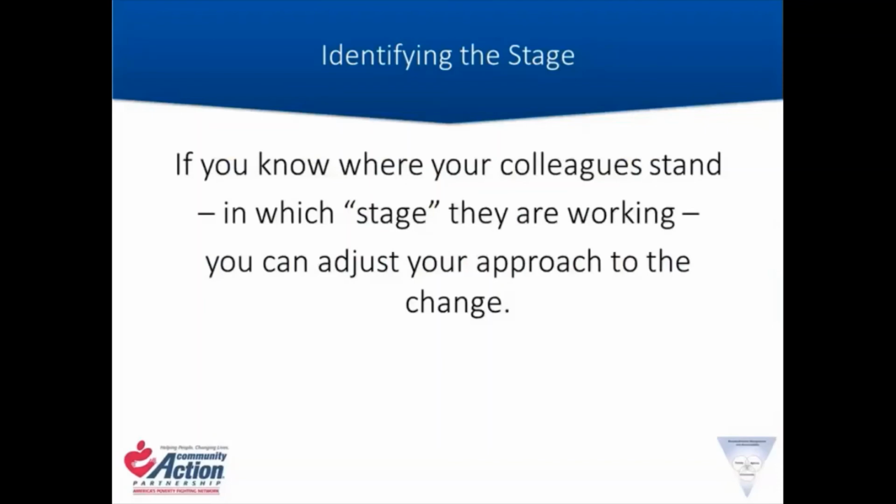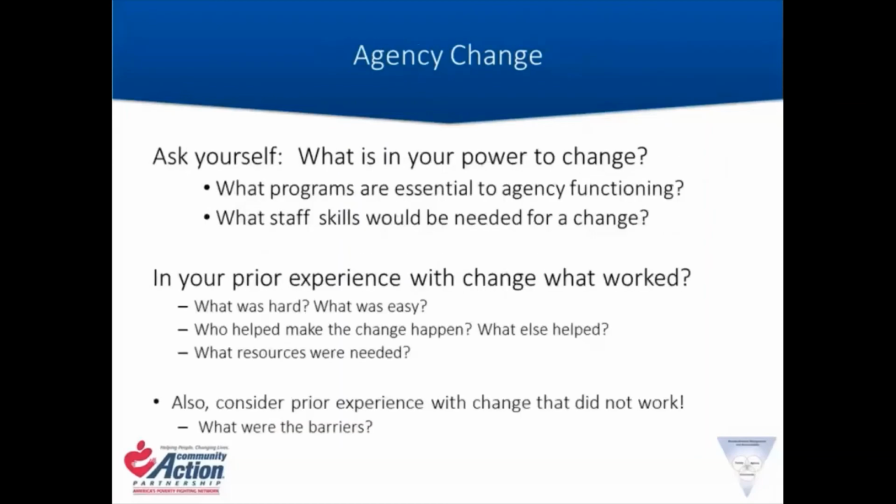And so being able to identify the situation, just like Carey talked about earlier, identifying the situation that needs to be changed. If you also are able to identify where the agency is at a current time in regards to their willingness to change, then you can help to intercede.